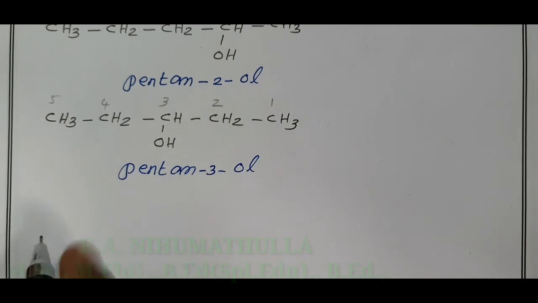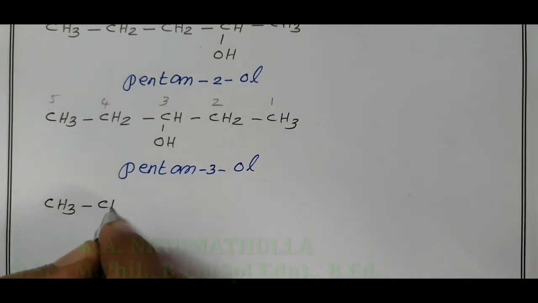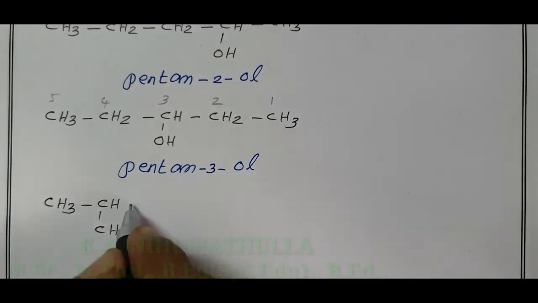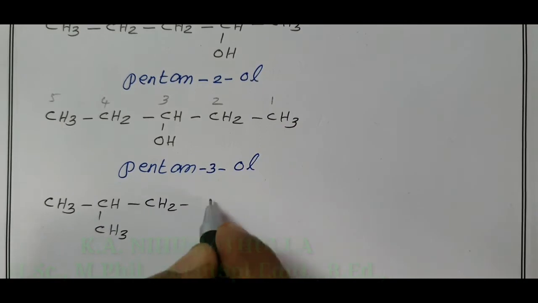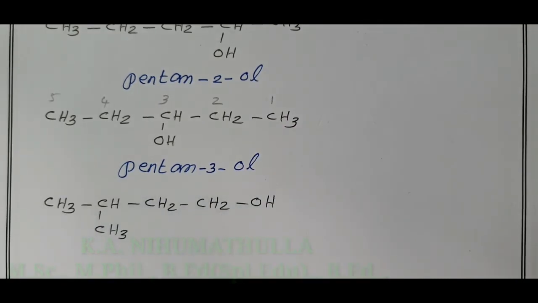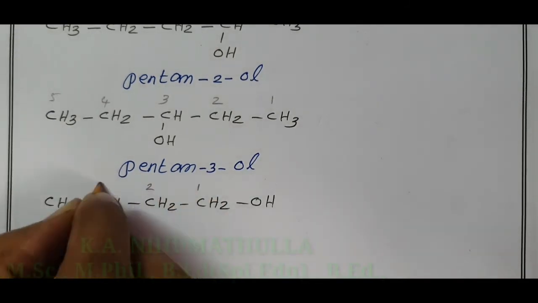Now I am going to change the straight chain, the number of carbon atoms in the main chain. CH3, CH, now I write one methyl in this side chain, iso. CH2, fourth carbon, we have 5 carbon atoms, CH2OH. Numbering from right to left, 1, 2, 3, 4.